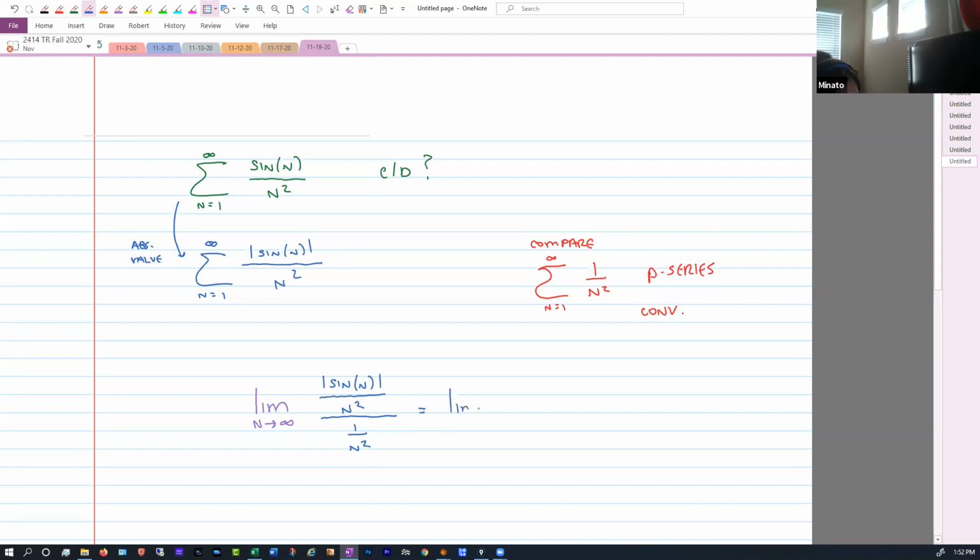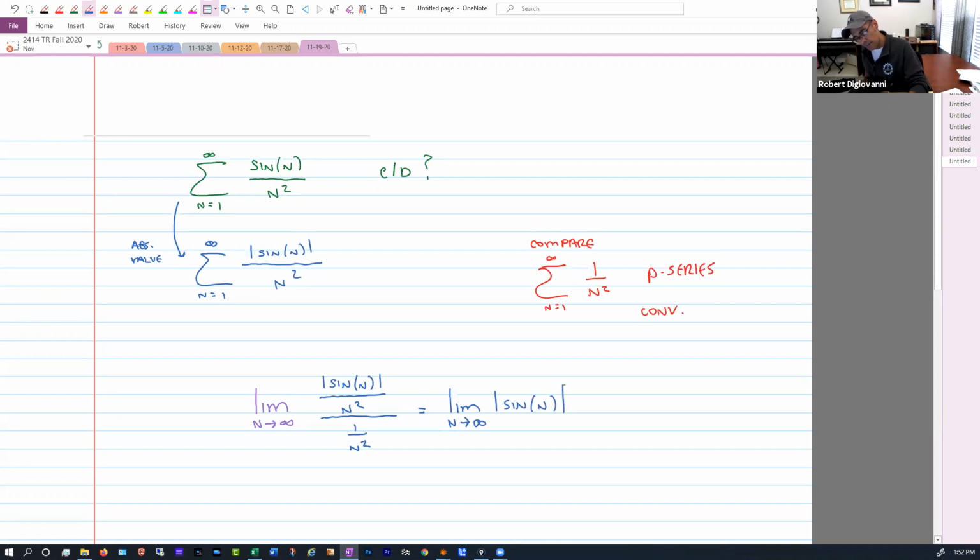Yeah, limit as n goes to infinity of the absolute value of sine n. If you let n go to infinity here, this is not headed to a single number. It's oscillating, it's jumping up and down. It's not headed to infinity either. It's just not headed to a number. This limit doesn't exist.